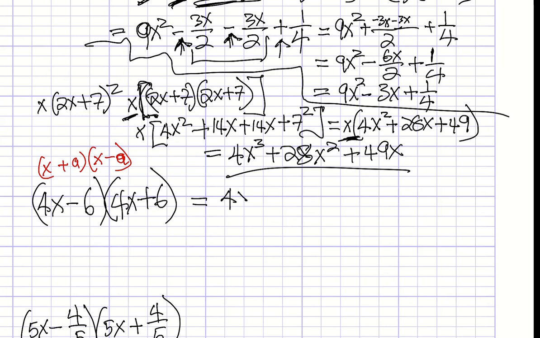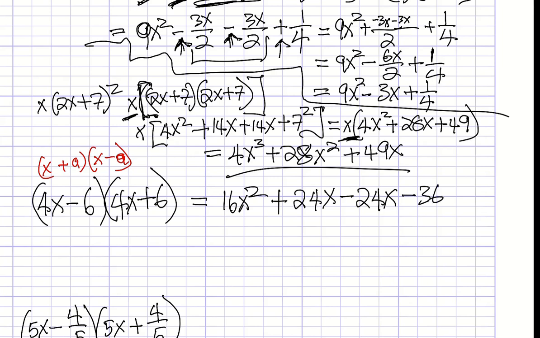4x times 4x, you get 16x squared. And then 4x times 6, you get plus 24x. Minus 6 times 4x, again negative 24x, and then negative 6 times 6, you get negative 36.